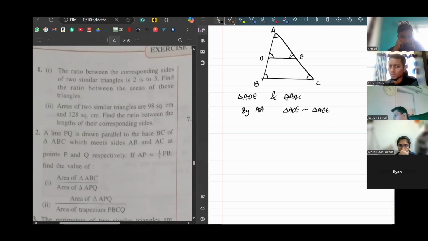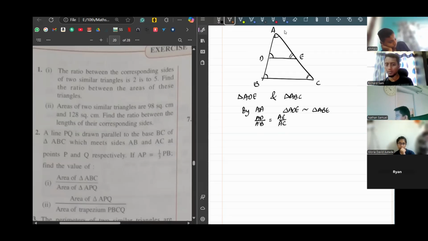Because of this, we also know that the corresponding sides are proportional. So tell me all the corresponding sides. I'll tell you one side, you tell me the other side. AD upon AB. AD is for the small triangle, AB is for the big triangle. So this will be equal to AE upon AC.